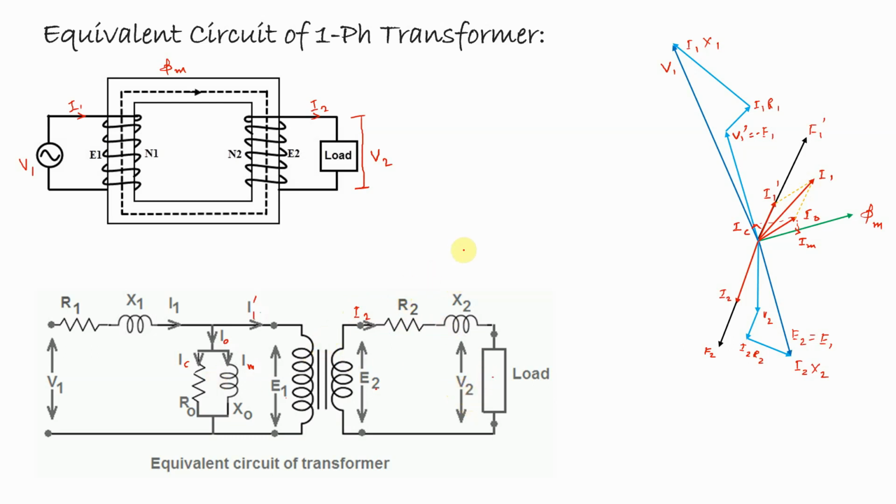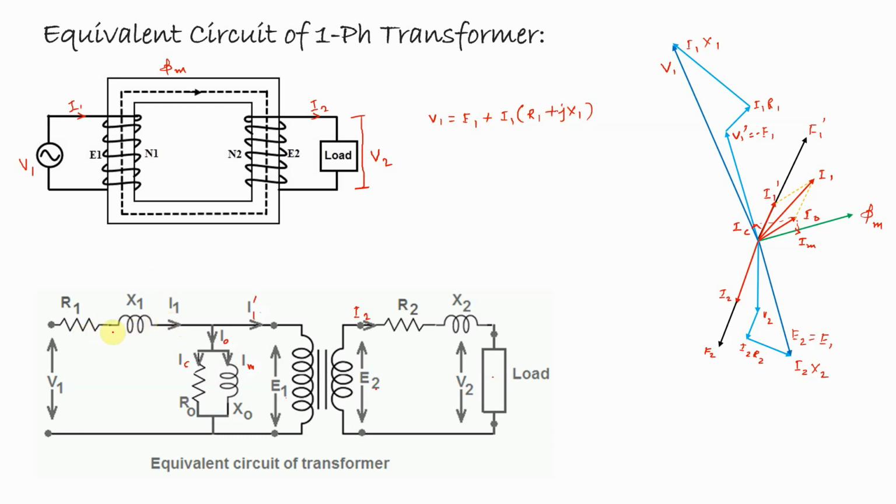If we want to check the equivalent circuit, we can check it using the phasor diagram also. First of all, V1 is equal to E1 plus I1 into R1 plus jX1. R1 and X1 are the resistance and reactance.